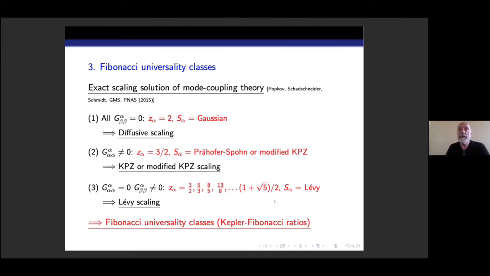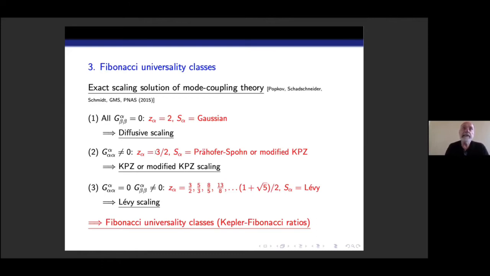If all these coupling coefficients that appear in the quadratic term are all zero, well, then no surprise, you get Gaussian behavior, because you just have a linear problem. The dynamic exponent of such a mode is 2, and the structure function is just the Gaussian. On the other hand, if the self-coupling of a mode is non-zero, well, then you have a nonlinear part, and then the dynamic exponent will be 3/2, which is what we know from KPZ.